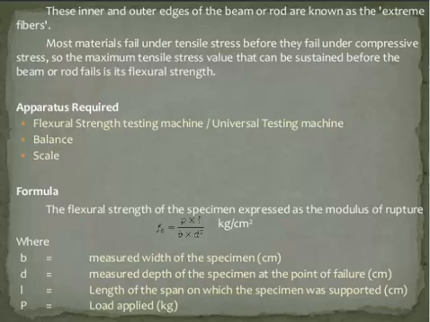But the loading conditions, the conditions under which the beam is tested, the loading placed over the section of the beam kept in the flexural testing machine, and the test is performed in that flexural strength testing machine or the universal testing machine.